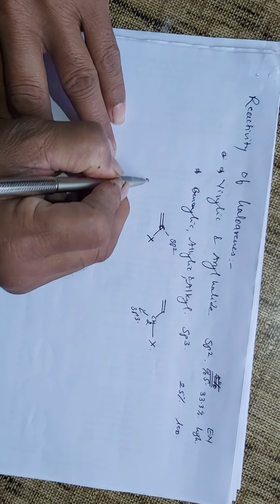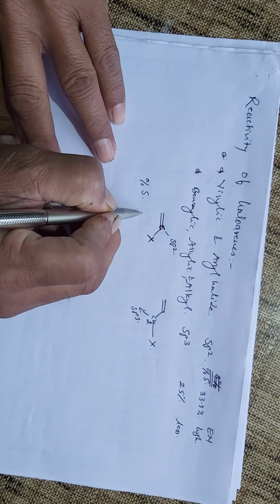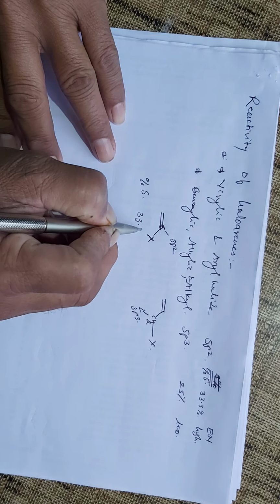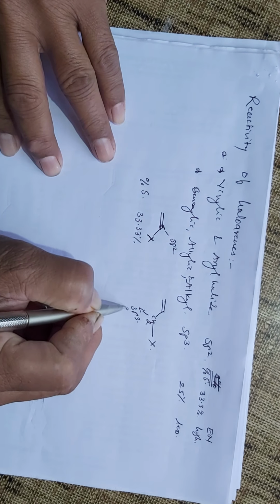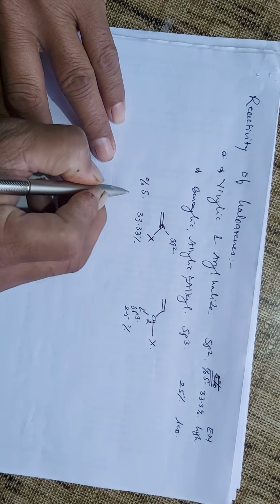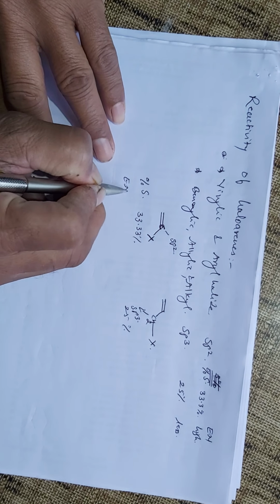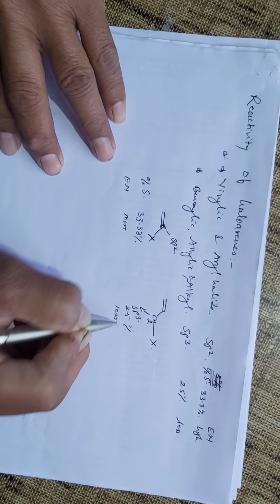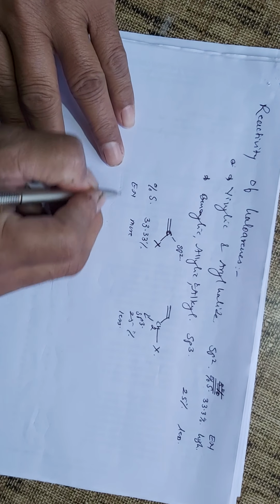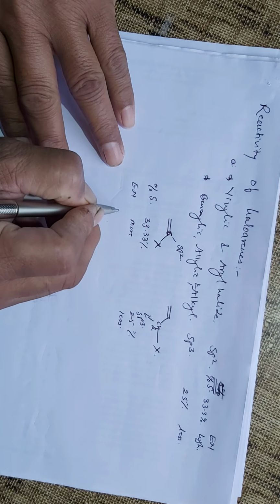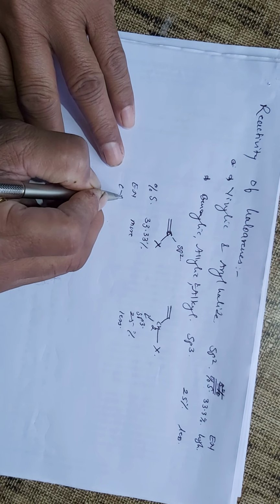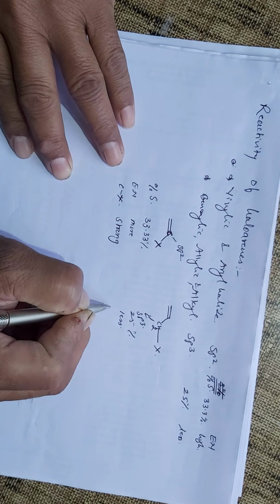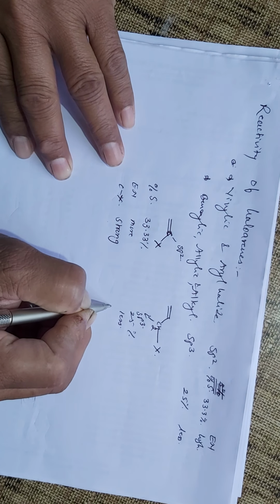Here it is 33%, here it is 25%. So electronegativity is more here, and less here, and that's why this C-X bond is strong, and here it is weak.